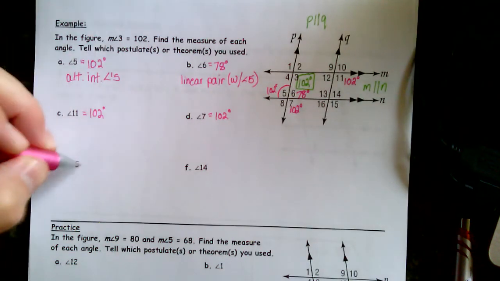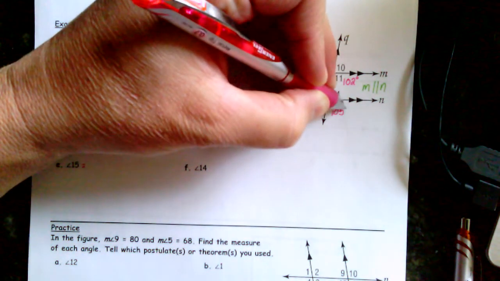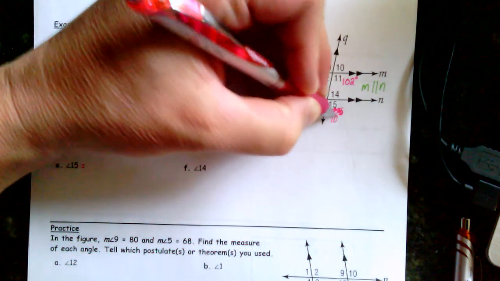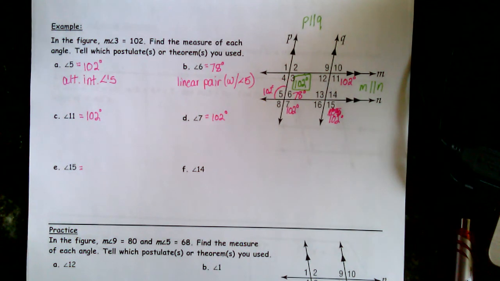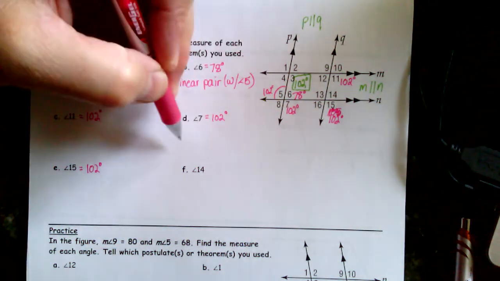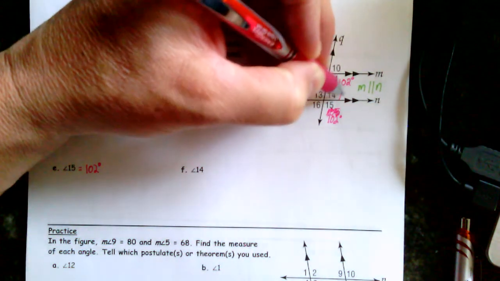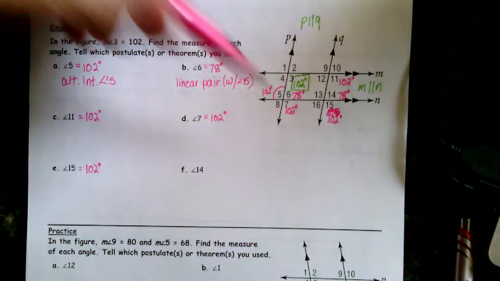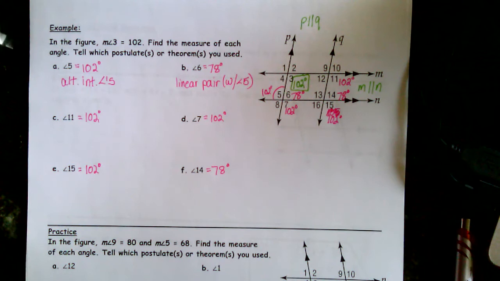Angle 15 right here, 102, corresponds with angle 11 and corresponds with 7. So we know that's 102. And then finally 14 corresponds with 6 and is supplementary, or a linear pair, to 15. So it's 78 degrees.